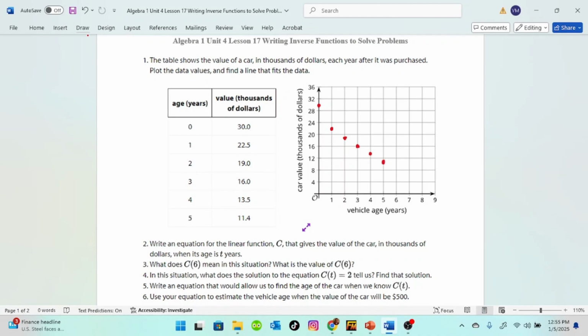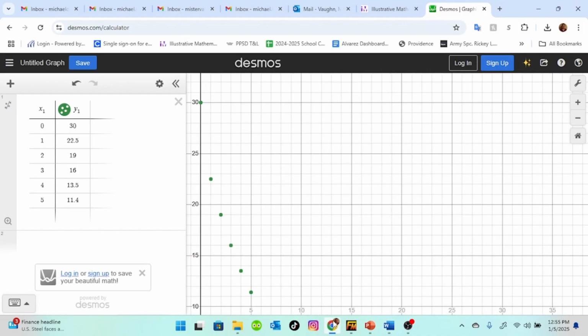Now that we've plotted the points, what we can do is use the Desmos calculator to find the line of best fit. To do that, you come into desmos.com/calculator. You hit the plus sign up here in the top left, and you choose table.